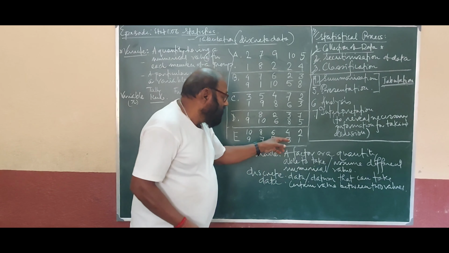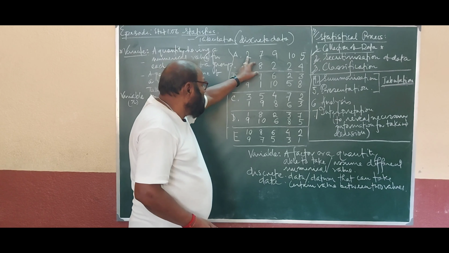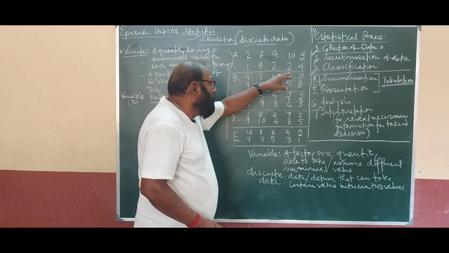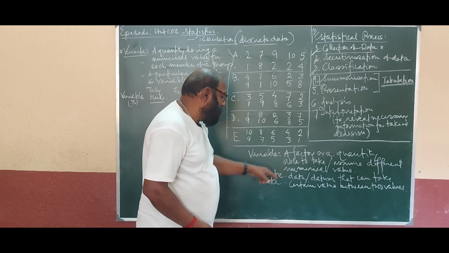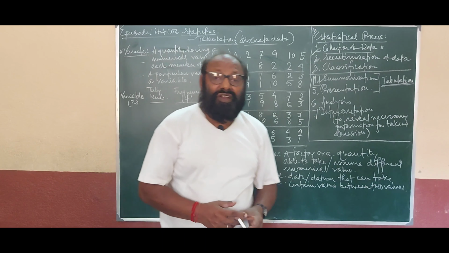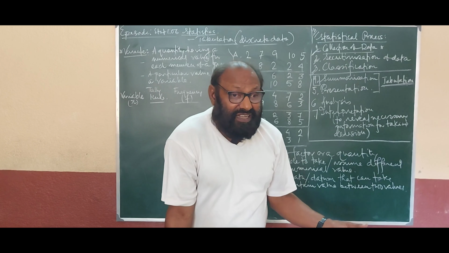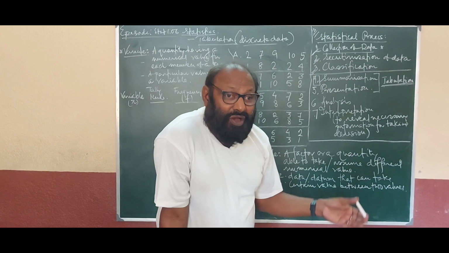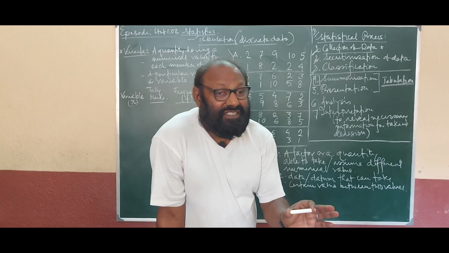Now these are the ages of 50 students, 50 children collected. And you may be asked: how many children are aged 7? How many children are aged 6 or less, or how many are aged 6 and above?